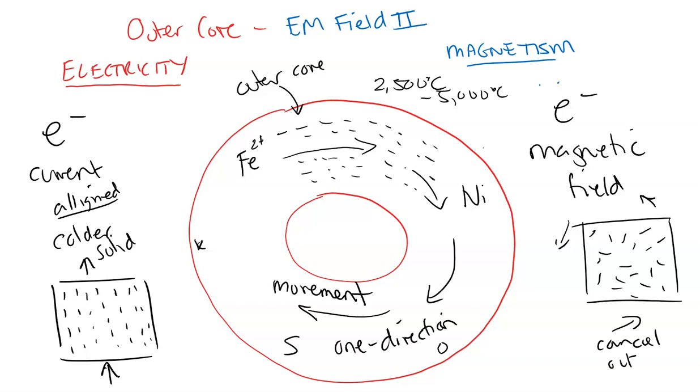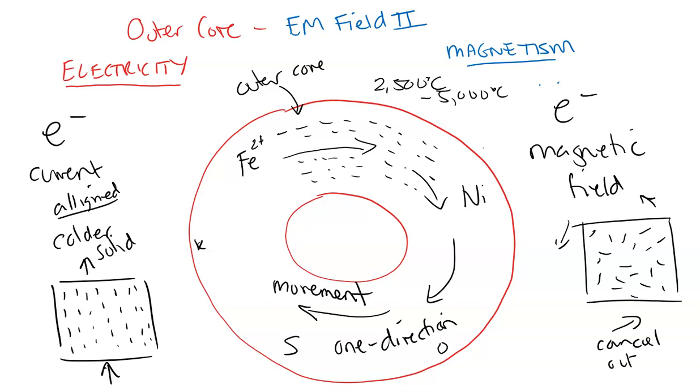Now, it's not perfect, because you've got these turbulent convections and these small eddies inside the outer core, slowly moving around, so there are definitely fluctuations. The magnetic flux, as they call it, is not consistent, and it varies substantially with time.